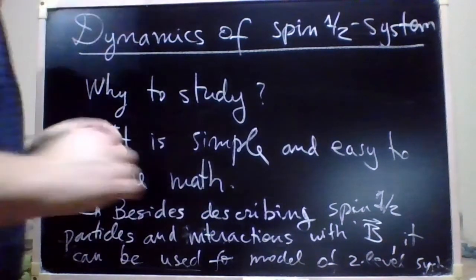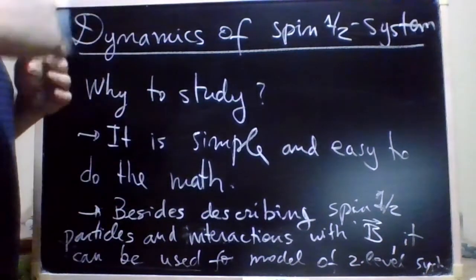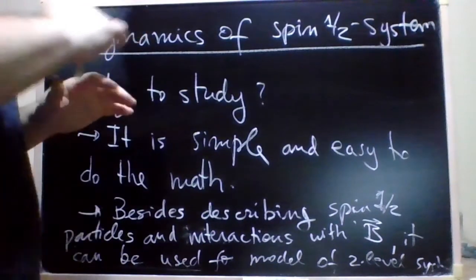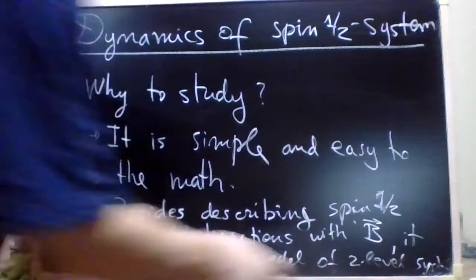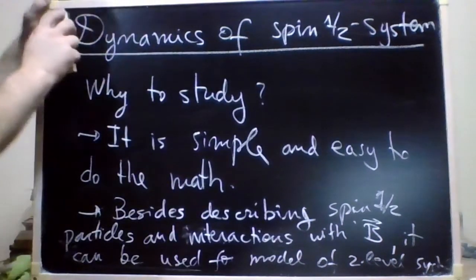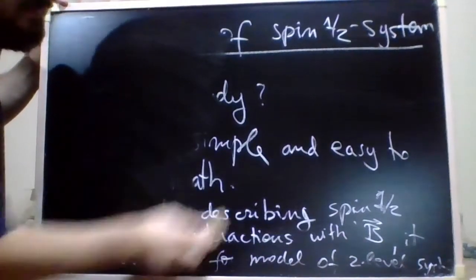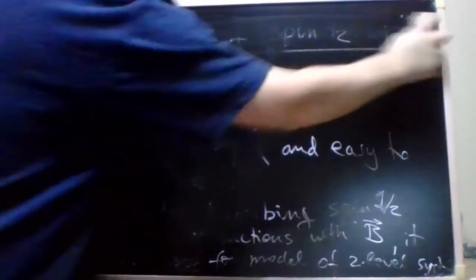So if you have a system which can be described by only two energy levels, it can be mapped to a spin half system. It's a pseudo spin half system.